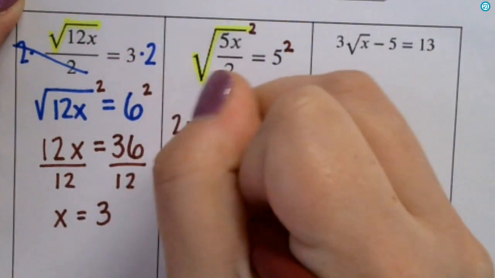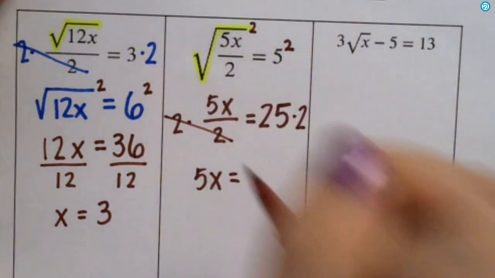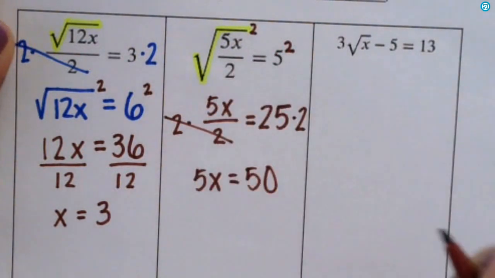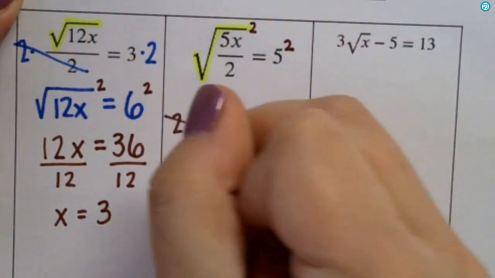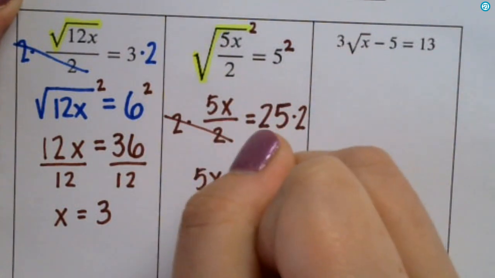So now we got 5x equals, because these 2's canceled, 25 times 2, which is 50. Okay. And then we can divide both sides by 5. We get x equals 10.